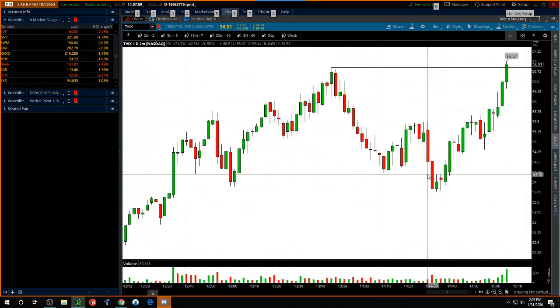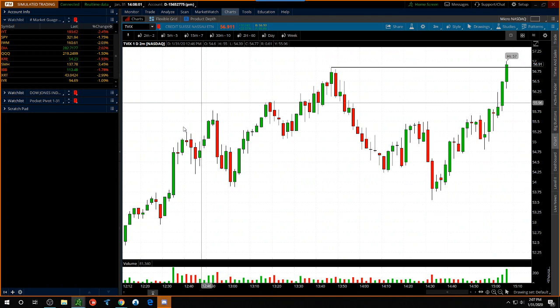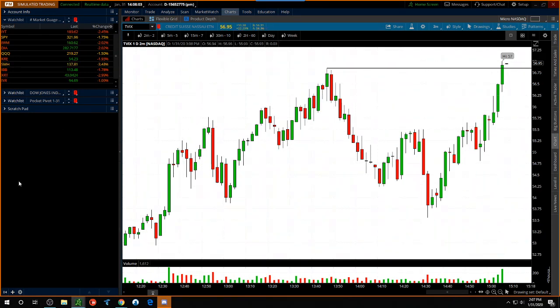Or trade the reversal. Looks like it was a reversal.